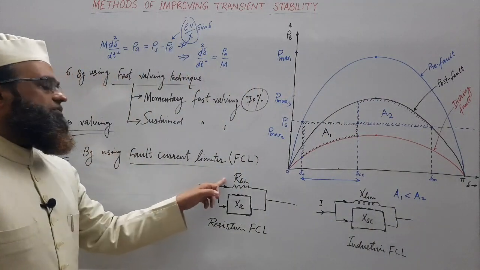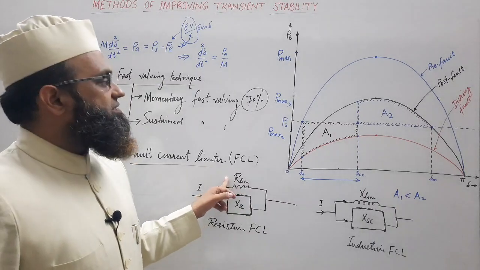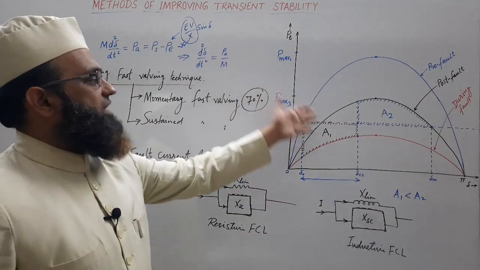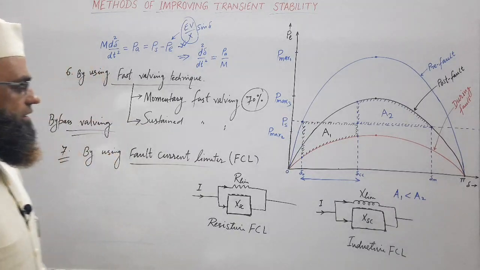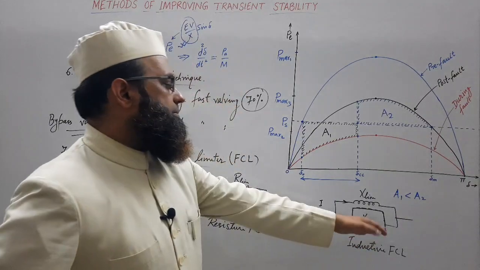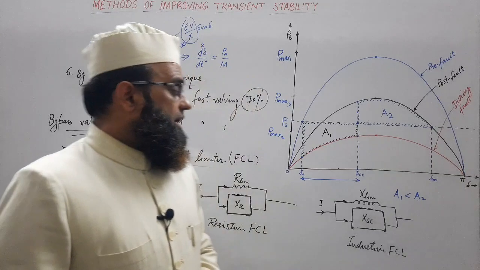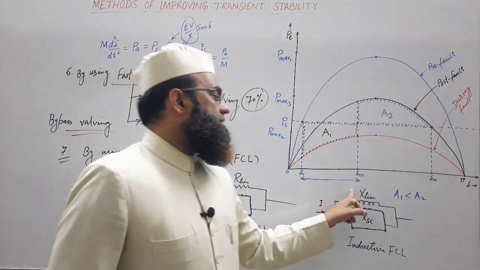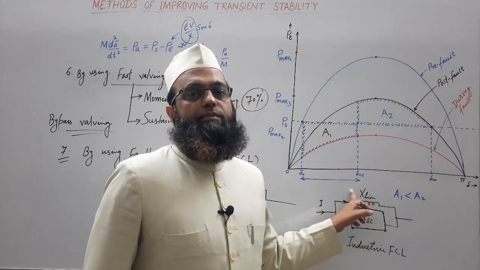So this consumes that extra stored energy, hence improving the transient stability of the system. On the other hand, the inductive type fault current limiter helps in suppressing the voltage drop during abnormal condition.